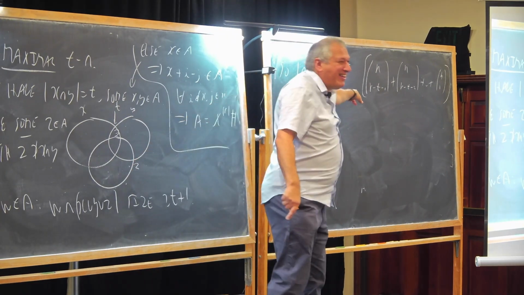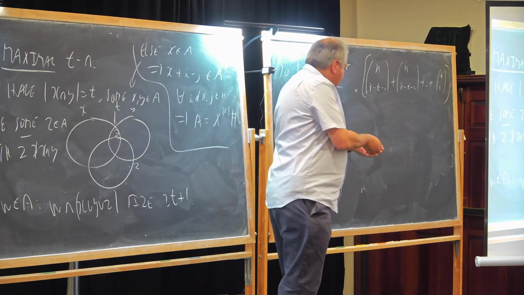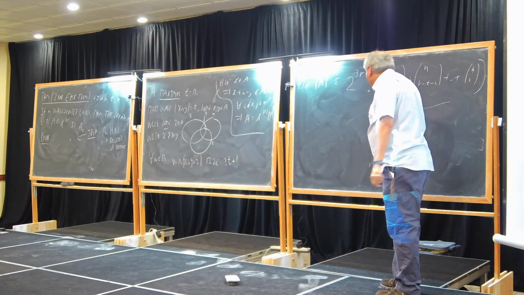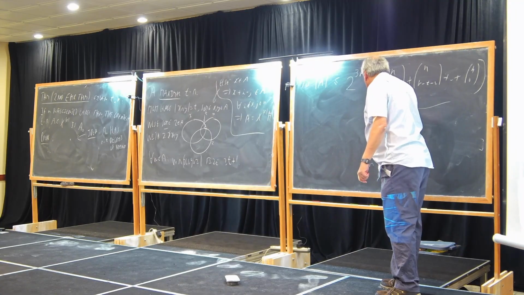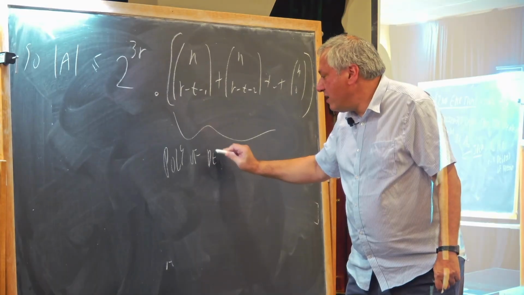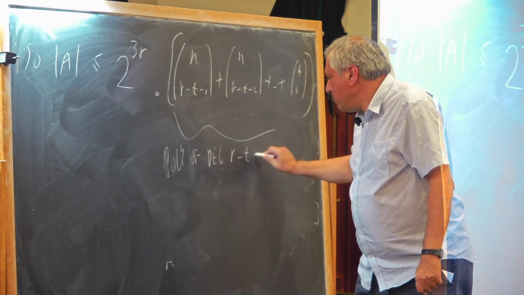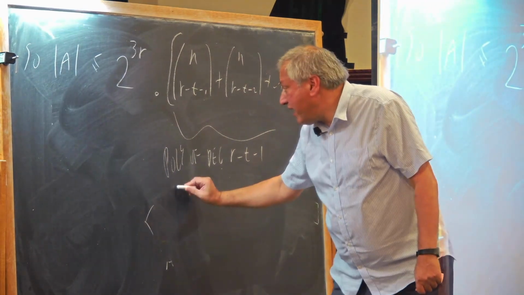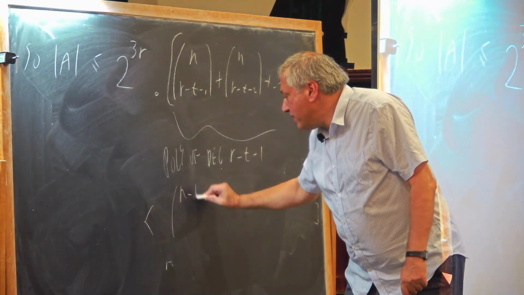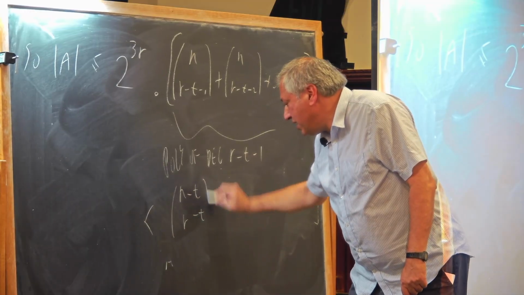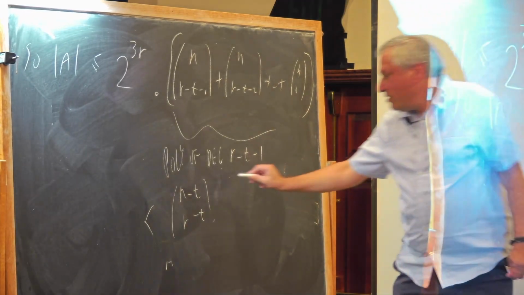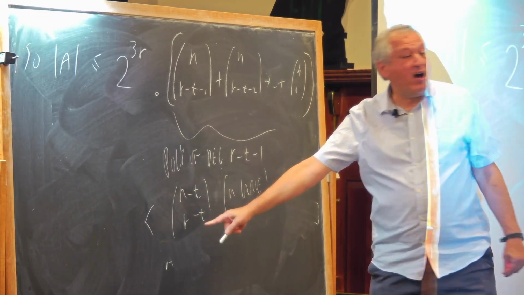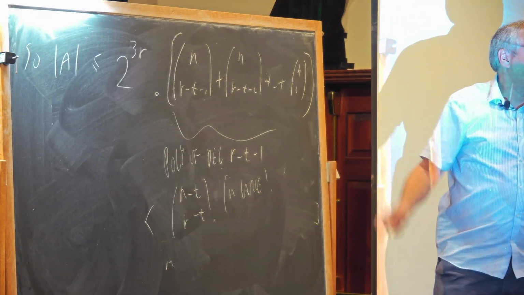That's a multiplier. And this whole bit here is a polynomial in n of degree R minus t minus 1. And therefore, this is definitely less than n minus t choose R minus t if n is large enough, because that's a polynomial of degree R minus t.